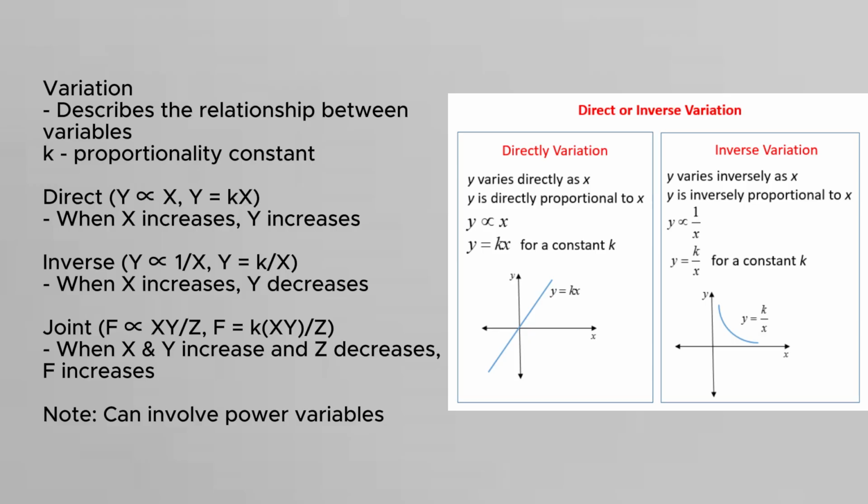Joint variation is simply a result of combining all variables to describe the relation of all independent variables that reflect the dependent variable. And variation can involve power variables, for example, Kepler's third law: uppercase T squared is directly proportional to R cubed. That is an example of variation.